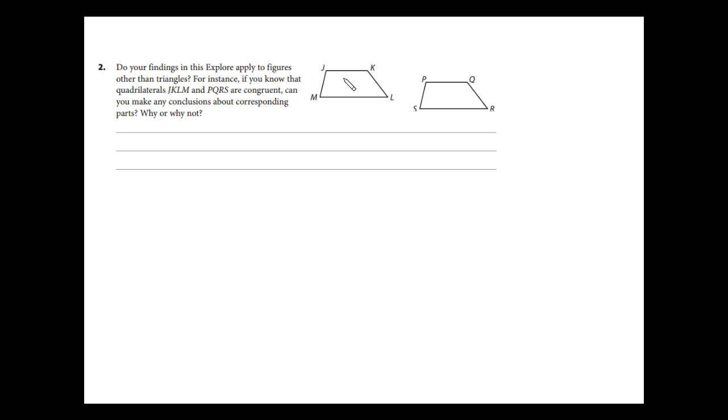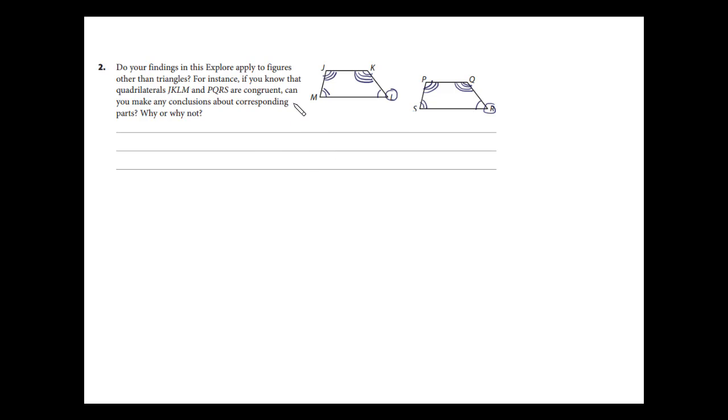So for example, you can take a look at this side here, L, looks like it's in the same place as R. So this angle at L is going to be the same as that angle at R. And this angle M is going to be in the same place and is going to be the same number of degrees as angle S. And angle J, I'm going to go ahead and put 3 little marks through there. That's going to be the same as angle P. And I guess I'm down to 4 marks for K. This angle K, which is this big obtuse angle, is going to be the same as that angle at Q.